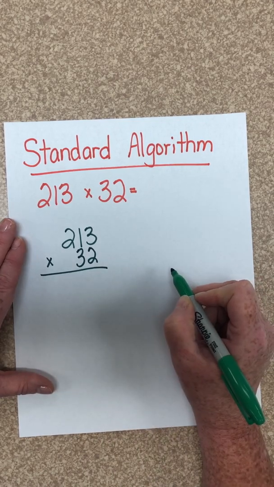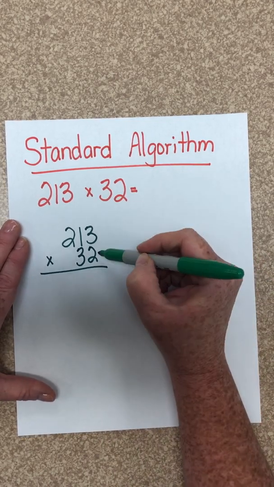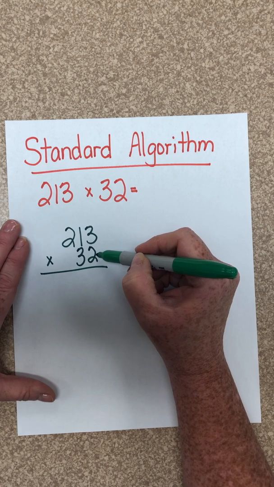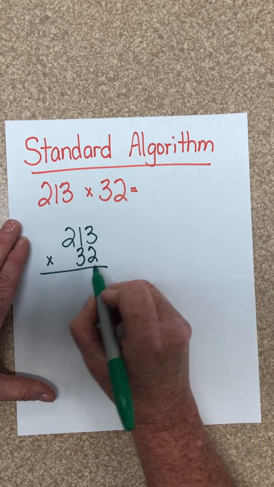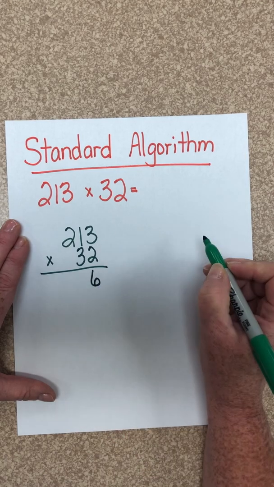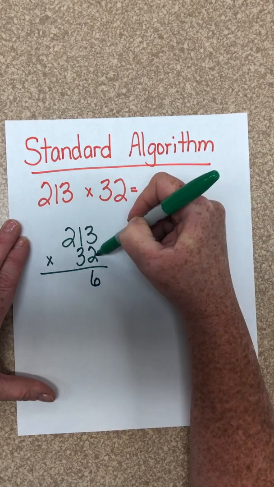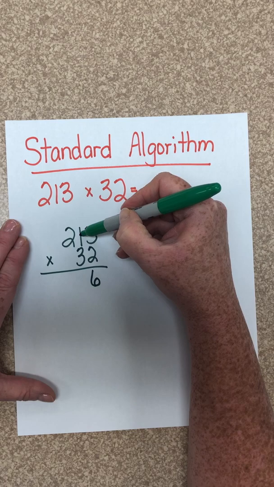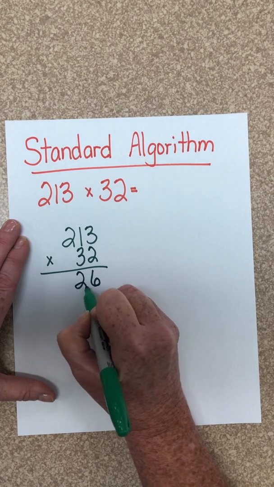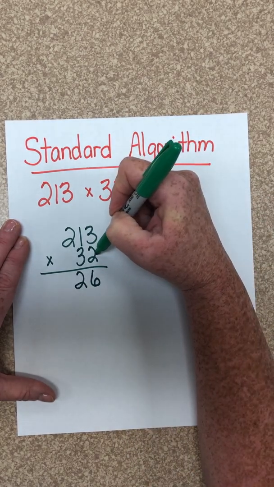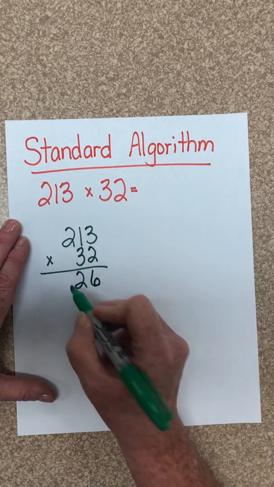And now let's multiply. We start with the 2 in ones place. 2 times 3 is 6. 2 times 1 is 2. And 2 times 2 is 4.